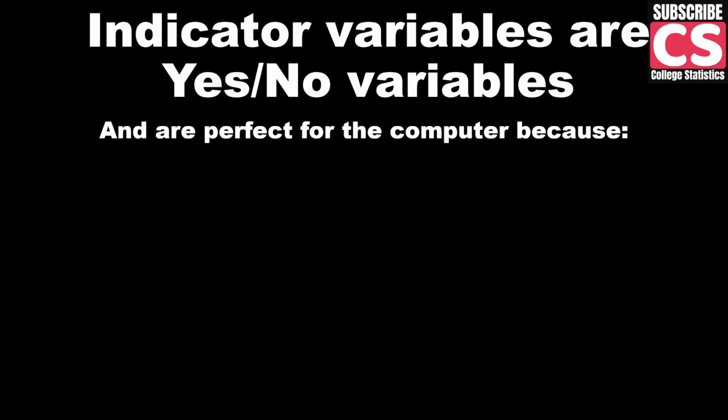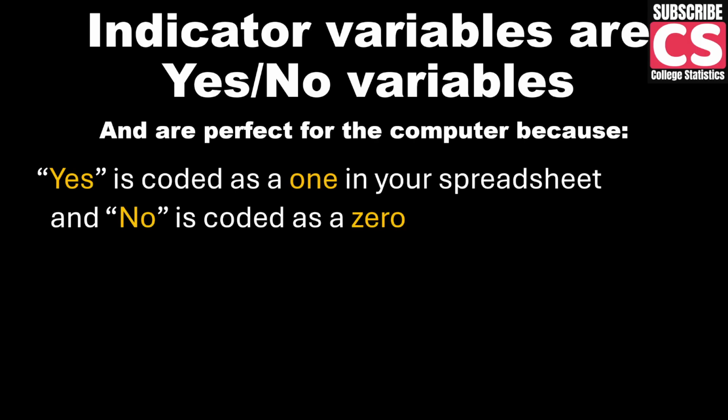Indicator variables are yes-no variables and are perfect for the computer because yes is coded as a 1 in your spreadsheet and no is coded as a 0.